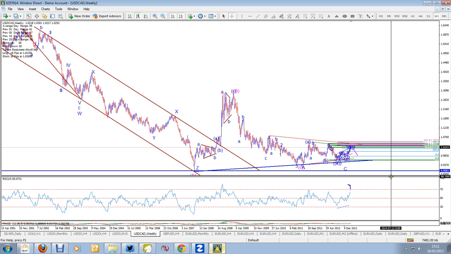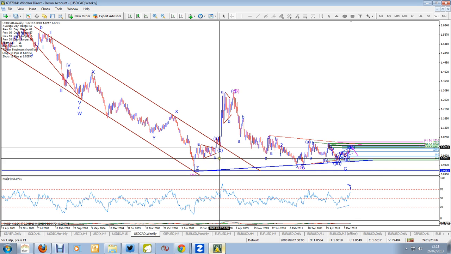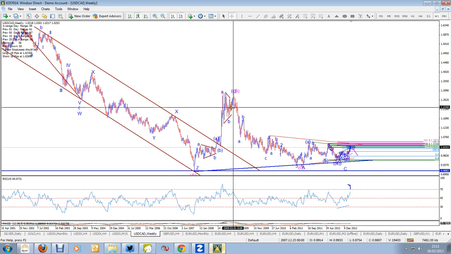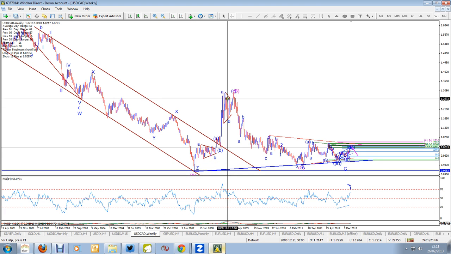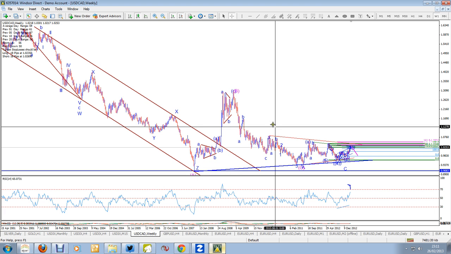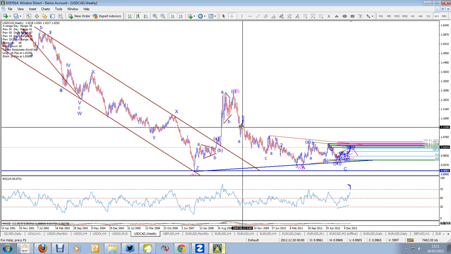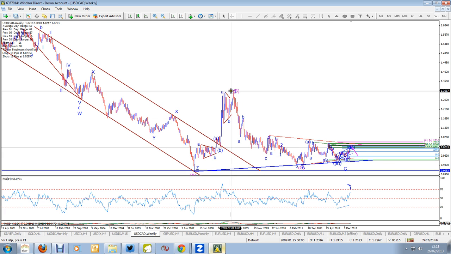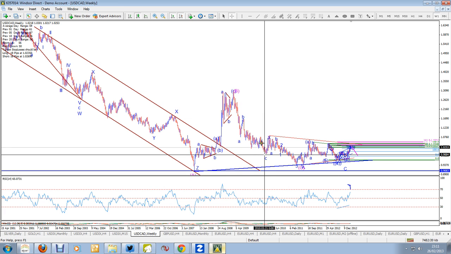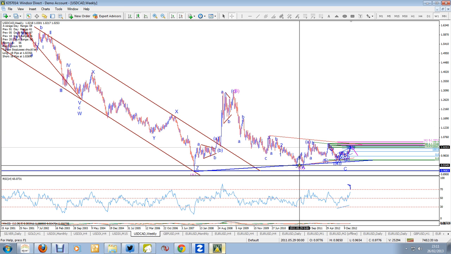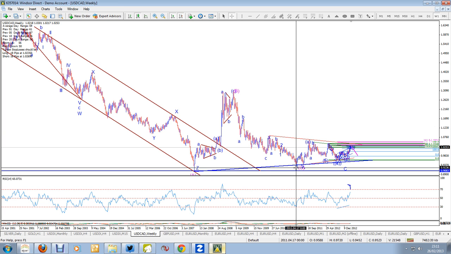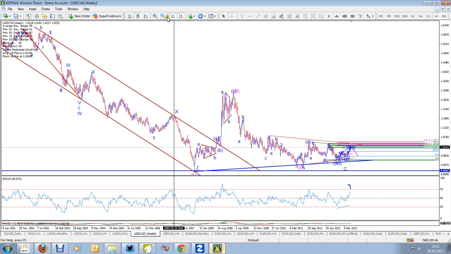Now that is still a feasibility in this one, because once we retrace, we went for a capital A, capital B, and it may be forming capital C, and in that capital C we have quite possibly here A, B and C, X, 5-wave down as an A. So let me just expand that.